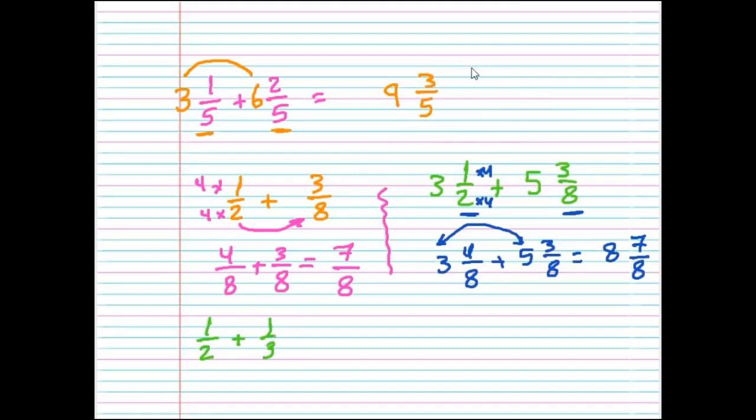I'm going to multiply the 2 by 3 and the 3 by 2 to have 6. The 6 is a common denominator now. Don't forget to multiply both denominator and numerator by the same number, and here by 3. Now it's going to be 3 over 6 plus 2 over 6 equals 5 over 6.